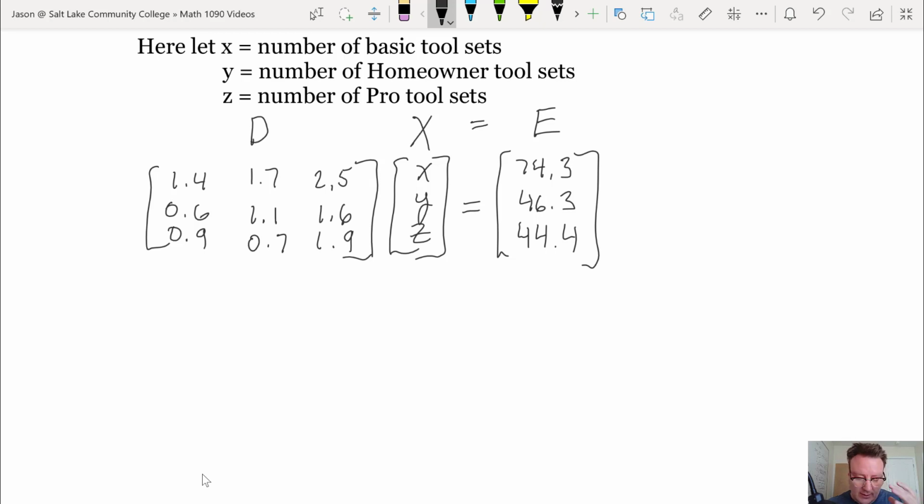The unknowns, the X matrix. How do I do that? Well, X is going to equal D inverse times E. Right? I just take that equation, DX equals E, and multiply on the left of both sides of that equation by D inverse, and I get X is equal to D inverse times E. So let's do this on the calculator.